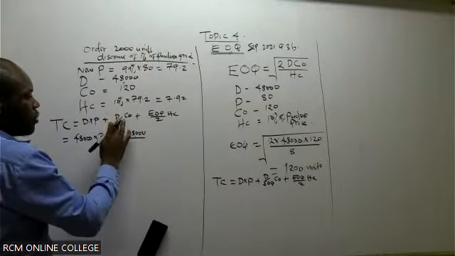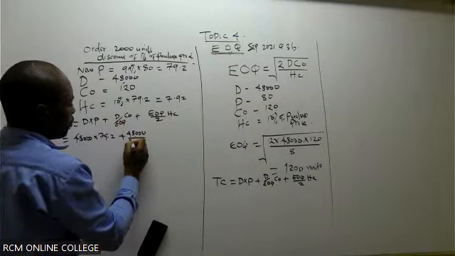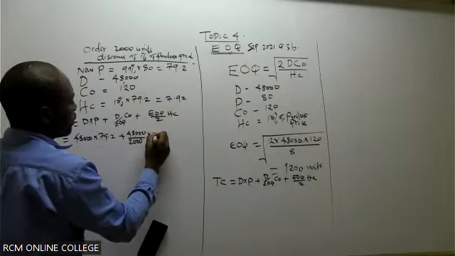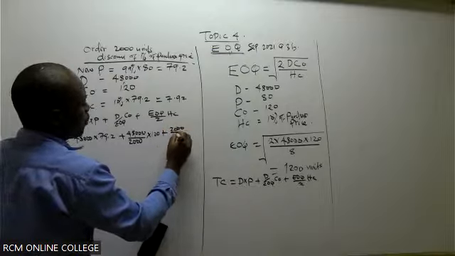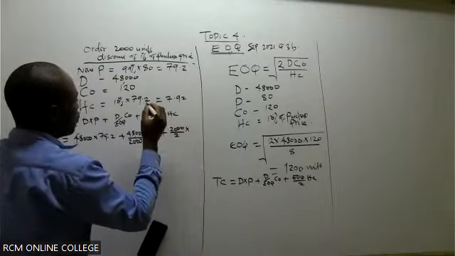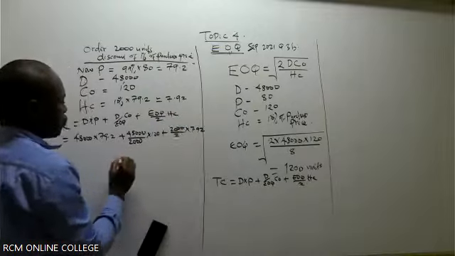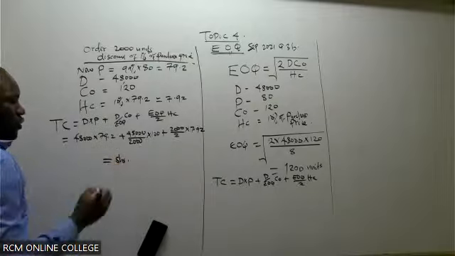You can put demand over Q or economic order quantity; that will still work. Times ordering cost, which is 120, plus 2,000 divided by 2, multiplied by holding cost, which is 7.92. If that is worked out, you should arrive at the total cost.